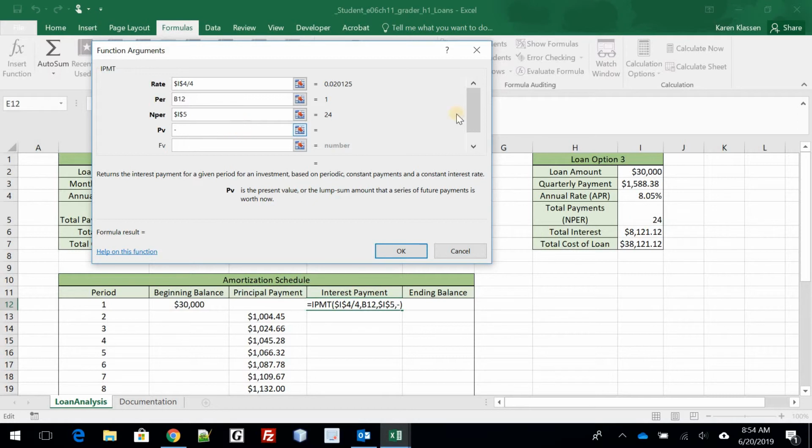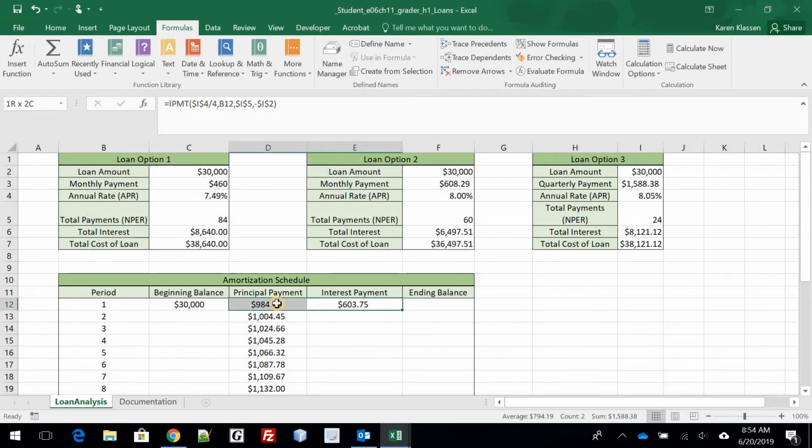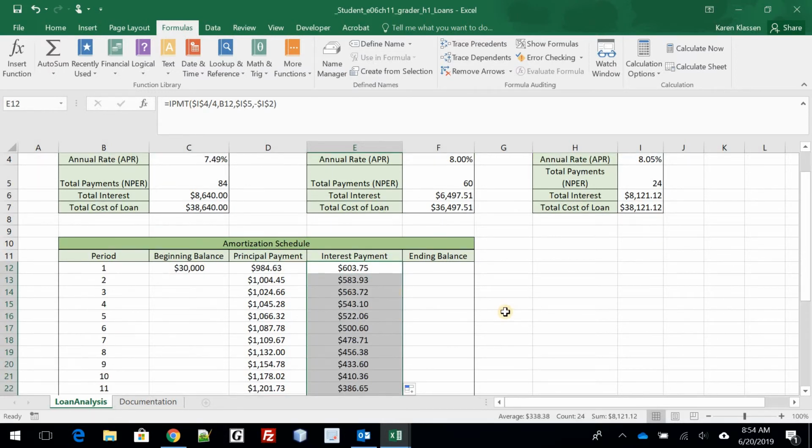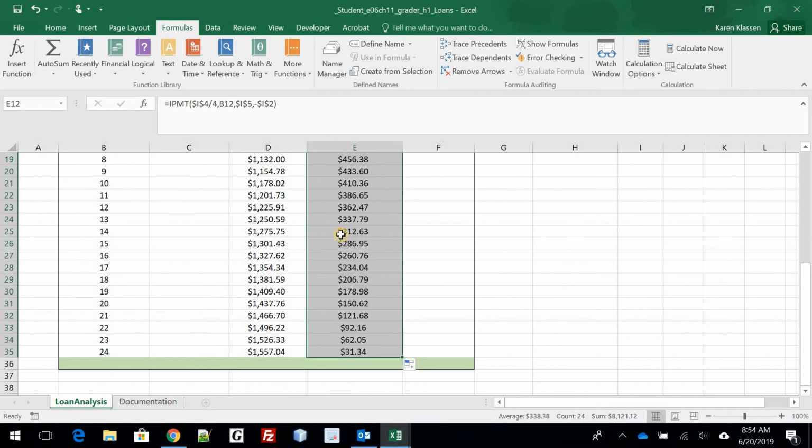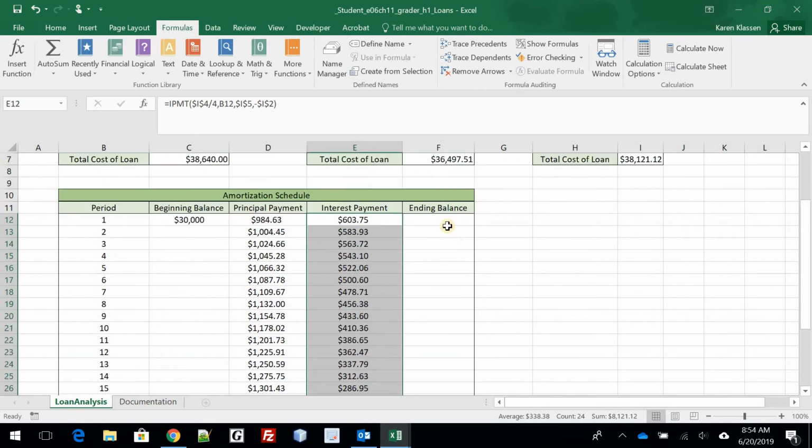And then, again, we're in the hole, 30 grand, and absolute value of that. Now, if you add these two together, I should have $1,588.38, which is what my payment is. Okay, so $900 is going to principal, $600 is going to interest. And you can copy that down. Okay, so notice it gets smaller, smaller, smaller, smaller as the principal goes up.